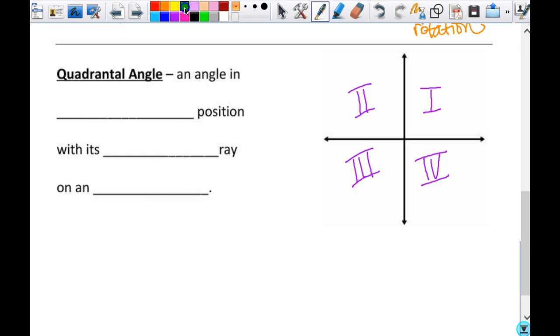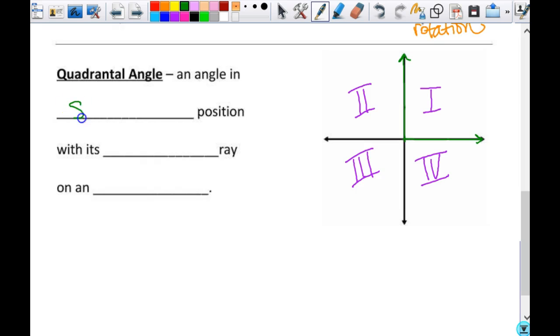If I draw an angle and ask what quadrant it's in, that's pretty easy unless the terminal side falls on an axis. If this is my initial ray and this is my terminal ray, what quadrant would you tell me it lands in? None, right? Because that angle right there would be a quadrantal angle.